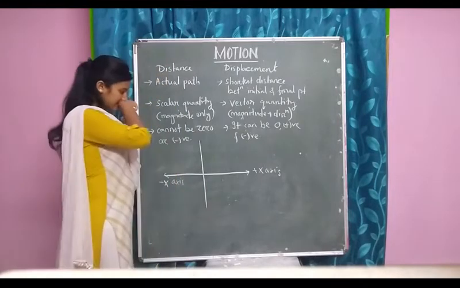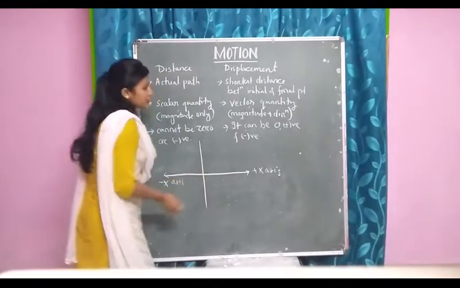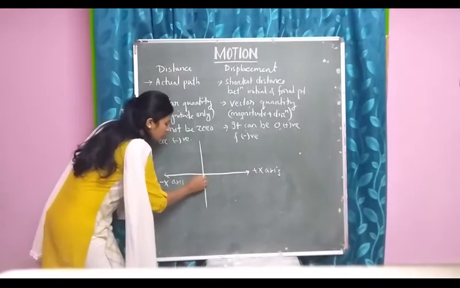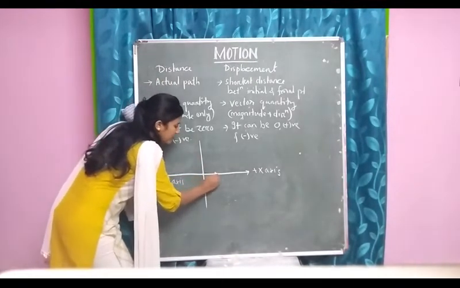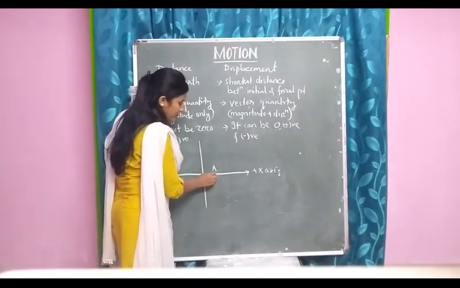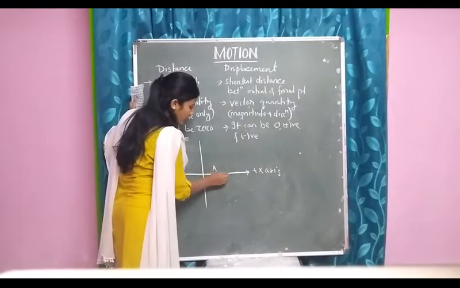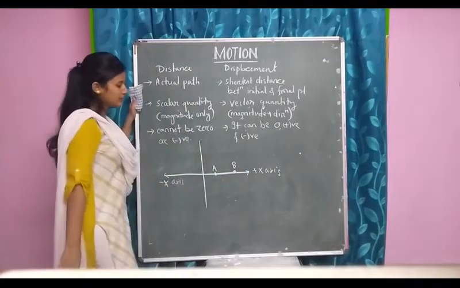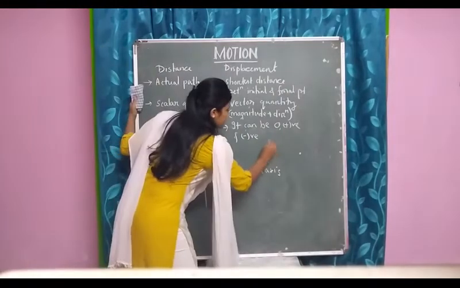Suppose we take an example. First I will define a positive value. Suppose the body is starting at point A and it is going from point A to point B. What will be the displacement?